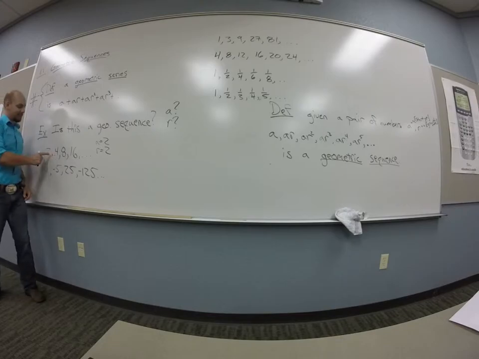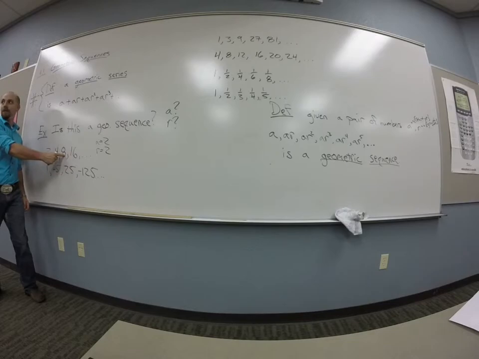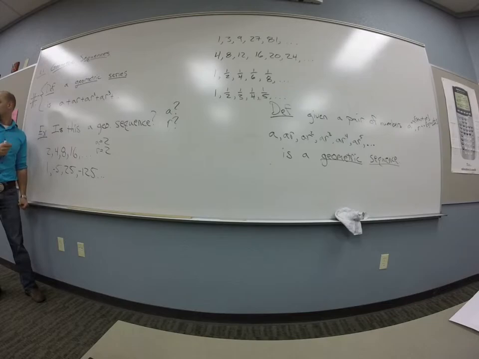And then this divided by that is going to be the growth rate if it's the same. So I take this by that, I get R is 2. And then I check, did I multiply by 2 to get here? Yep. Did I multiply by 2 to get there? Yep. Did I multiply by 2 to get here? You guys see that?